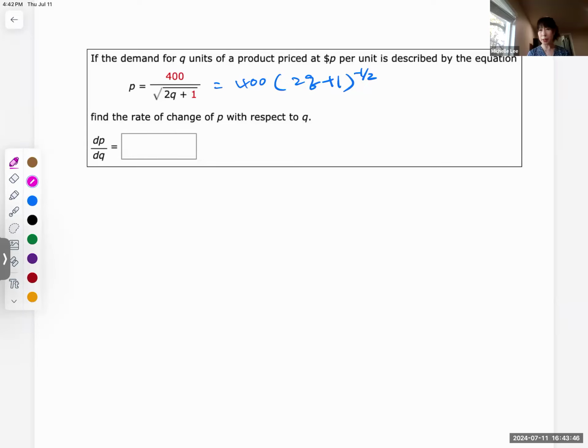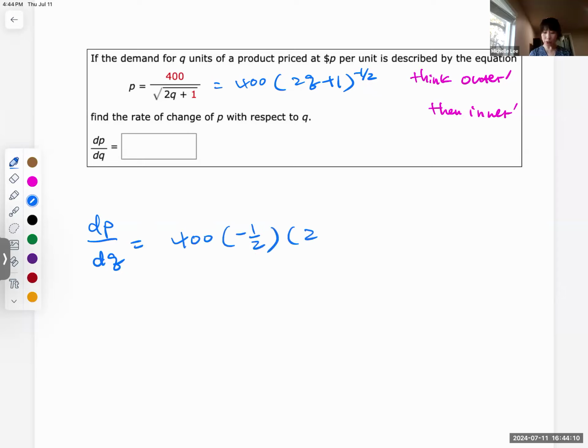Then we are using the chain rule: derivative of the outer, then derivative of the inner, right? Okay, now let's do it. We keep the coefficient, drop the power, reduce by 1. That 1 in this case is 2/2.